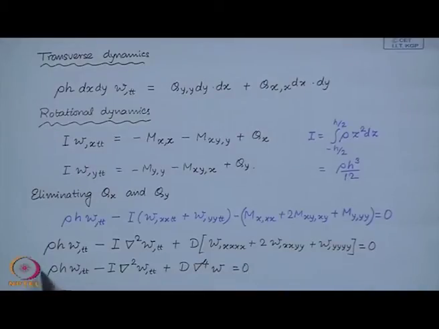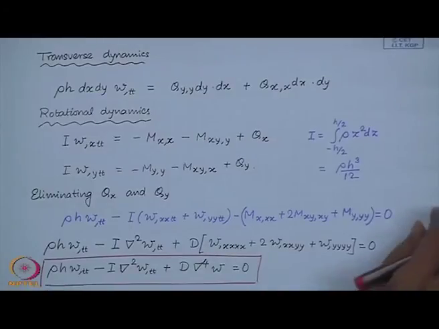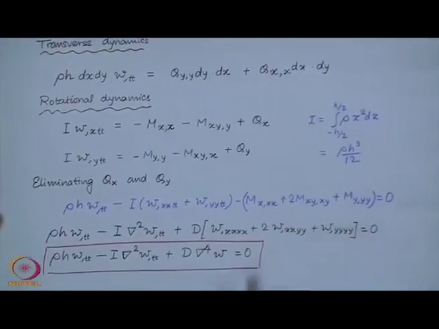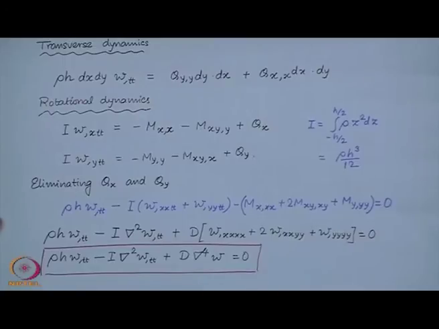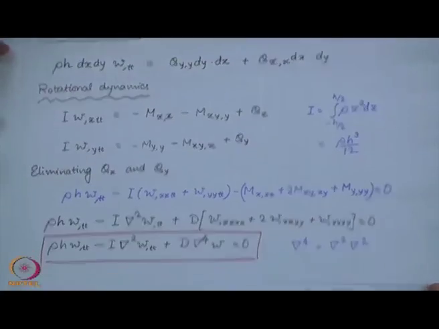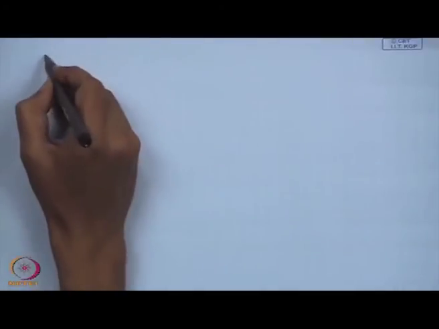So, this is the equation of motion of the plate. Here nabla 4 is the square of the Laplacian. Now, we need to talk about the boundary conditions.